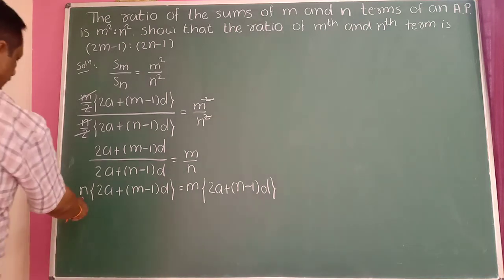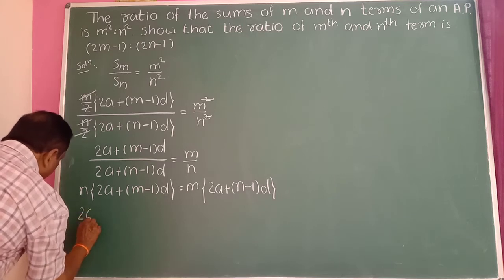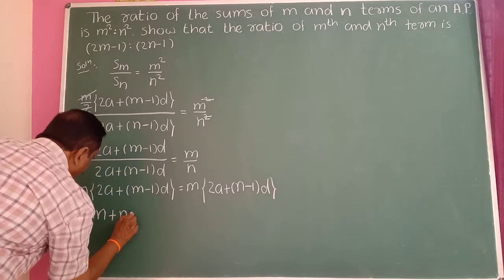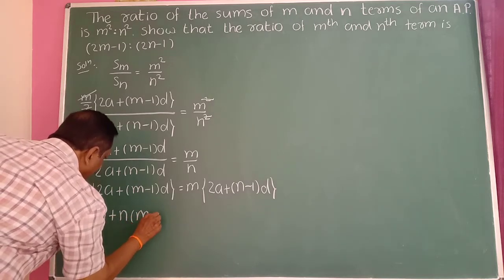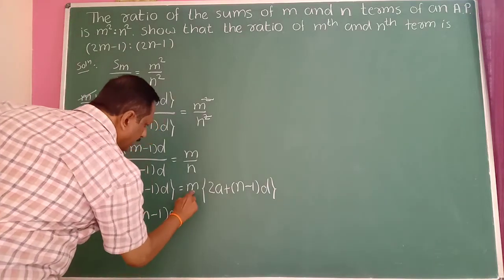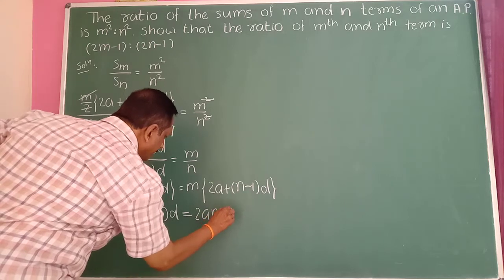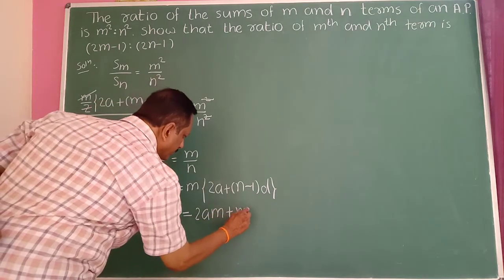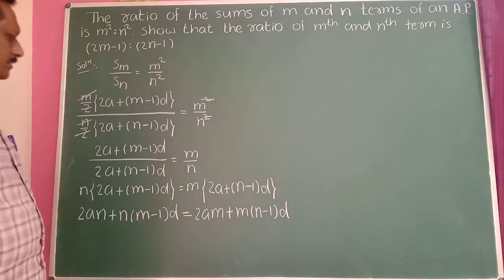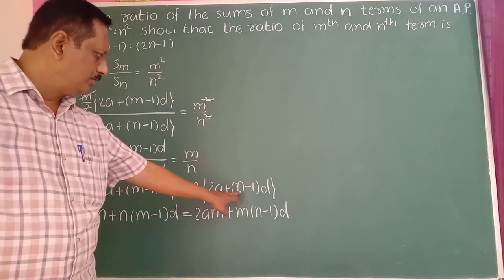Now take n inside the bracket and m inside the bracket, therefore 2a into n plus n into m minus 1 into d is equal to 2am plus m into n minus 1 into d.